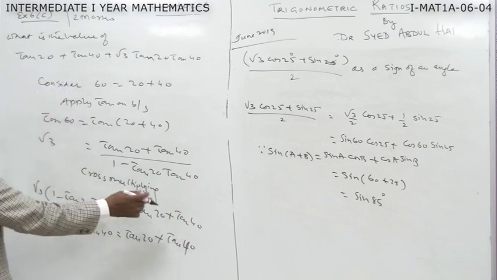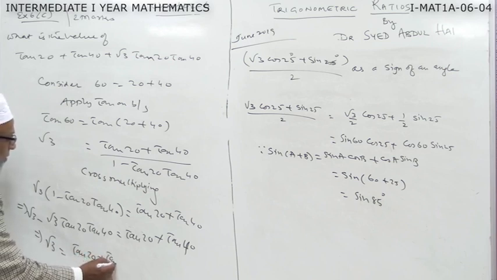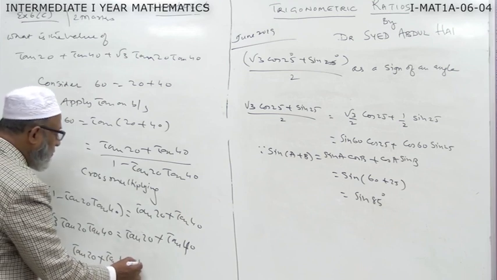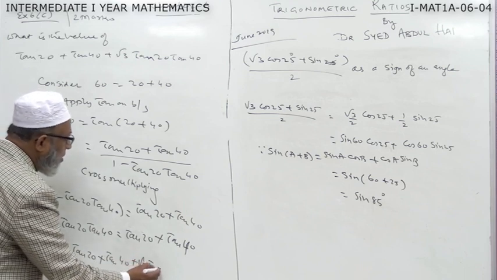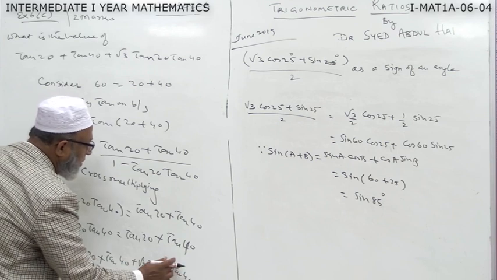If I transfer this to the right hand side, it gives me root 3 is equal to tan 20 plus tan 40 plus root 3 tan 20 tan 40. Is it clear?